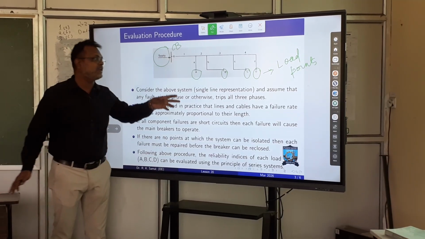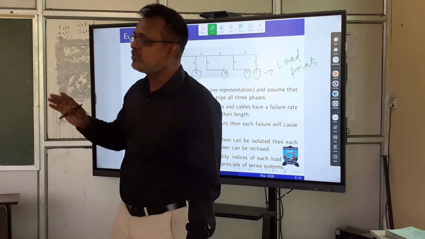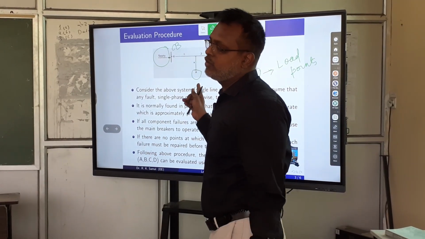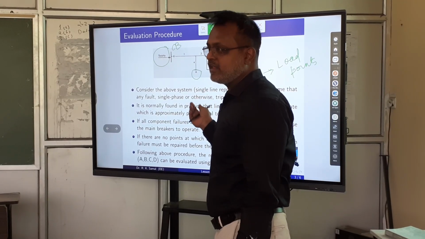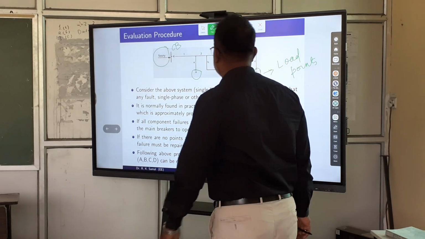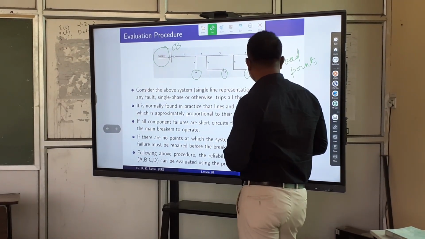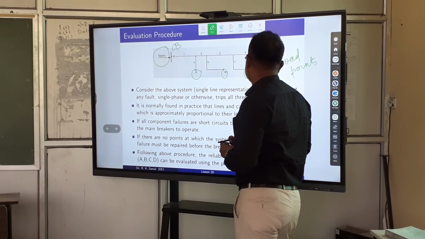So suppose there is a fault at customer B, then all other customers must be down unless that fault is cleared; otherwise you cannot get the supply, because it is a radial system. In a mesh system it would have been possible, but not in this. Following the above procedure, the reliability indices for each load point can be evaluated.